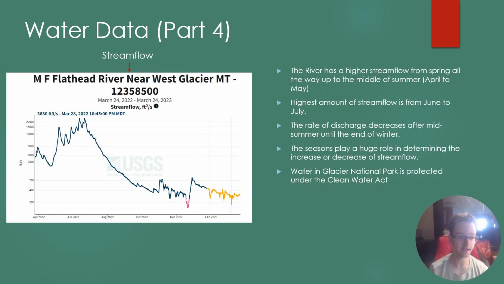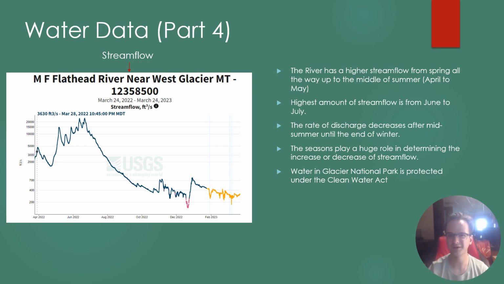So on this slide, I talk a little bit more about the water data. I couldn't find any information on a major stream called McDonald Creek, mainly just because there was nothing on that on the website. So instead, I chose Flathead River. This river is relatively close to Glacier National Park, and we can see a lot of data from this. So we can identify that the river has quite a high stream flow from spring all the way up to the middle of summer.